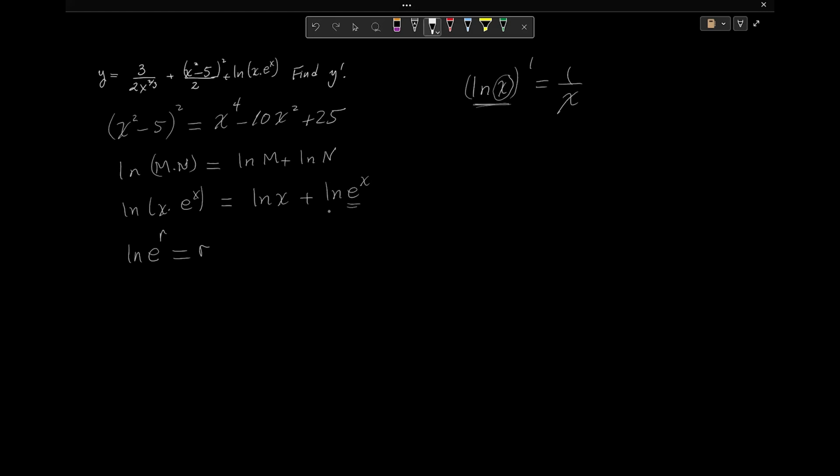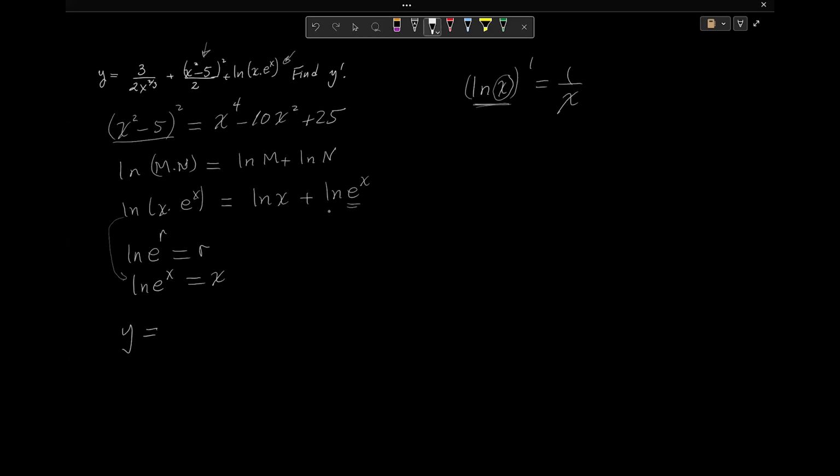In this case, we have the natural log of e to the x. This is just x. So now we simplified this, and then we simplified this, which is a combination of these two. So now we can rewrite this in a form that we can work with.